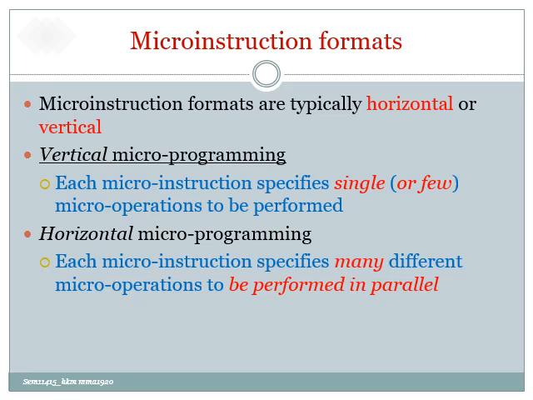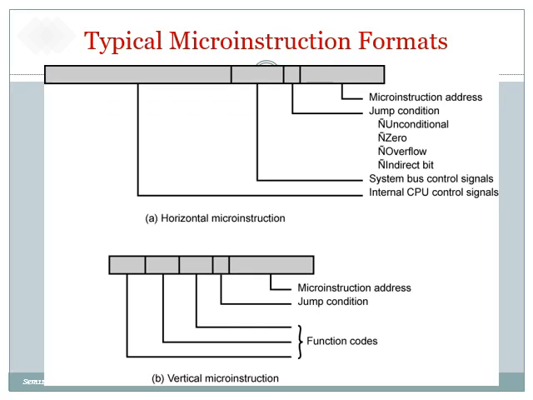The other one is horizontal microprogramming, where each micro instruction specifies many different micro-ops as opposed to a single or a few, which is 3 for vertical microprogramming. We are going to be focusing on this vertical micro instruction.